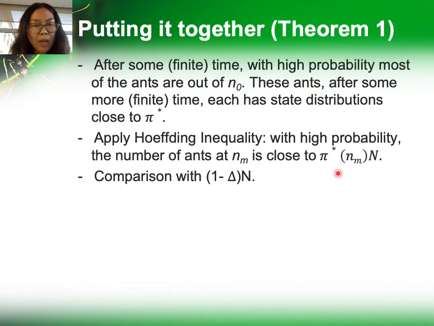So if we compare this to the consensus requirement, we understand that it's very unlikely for the number of ants to reach this number if this is much higher than this. And that is the key of proving theorem 1, of how everything comes together. So most of the calculations here is to quantify how big this difference is and how likely it is to bridge that gap.